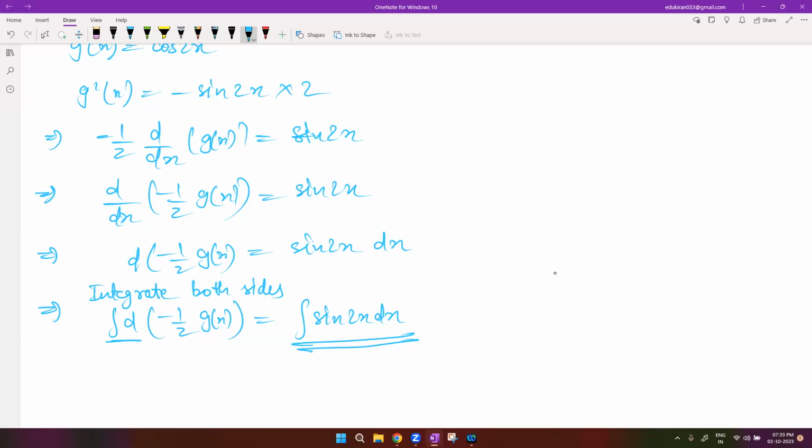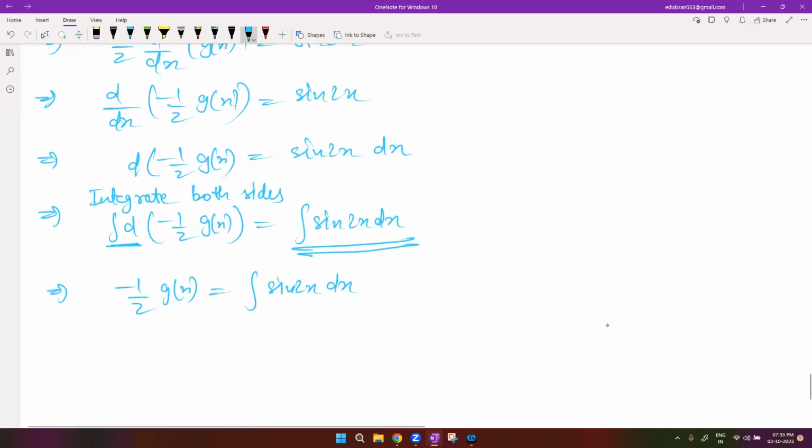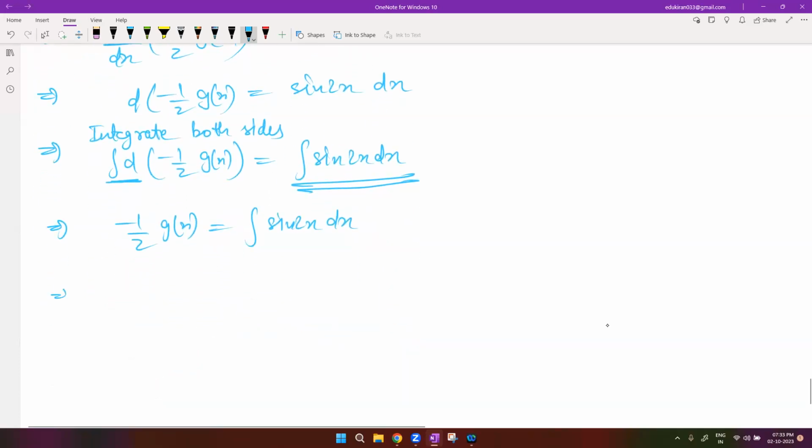This becomes 1, and this is just minus half gx. You know the value of gx. You have considered gx to be cos 2x. Hence, integration of sine 2x dx is minus half cos 2x, obviously, plus c.